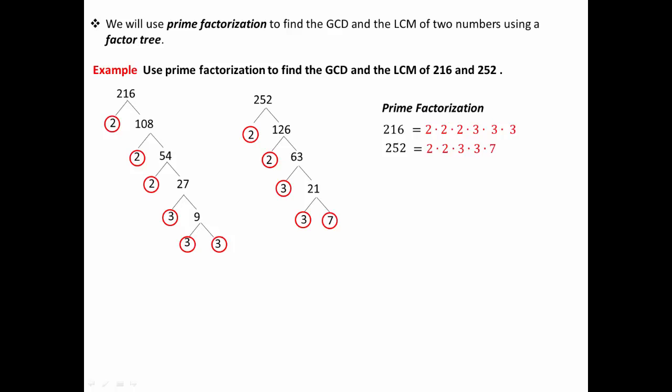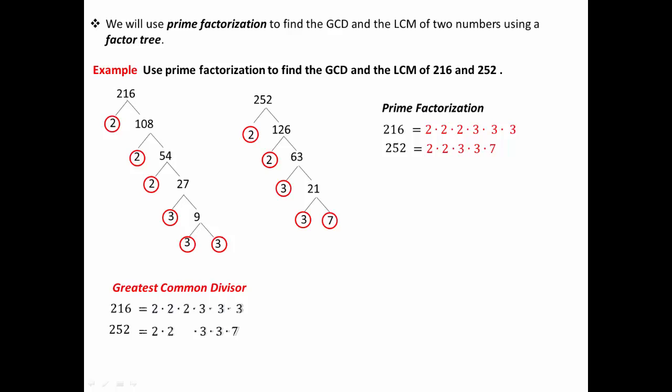To find the greatest common divisor of the two numbers, we write their prime factorizations. Then we look for all the prime numbers that divide both numbers at the same time. That is, we look for the prime factors that the two numbers 216 and 252 have in common.